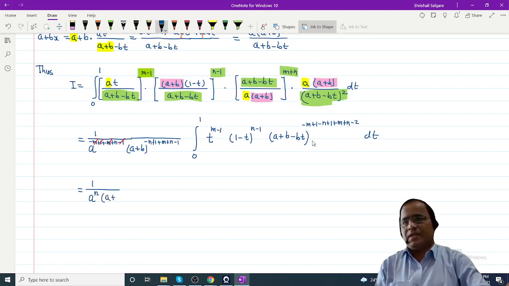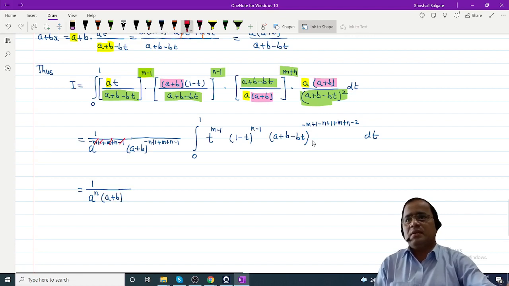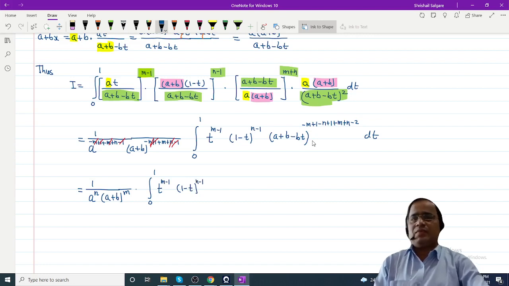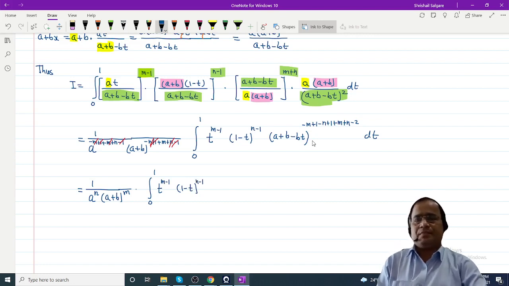Now the next one is a plus b. Once again you can cancel the terms. Minus n plus n get cancelled, plus 1 minus 1 get cancelled, remaining is m into integral 0 to 1 of t raised to m minus 1, 1 minus t raised to n minus 1. What is the power of the second term? 0.